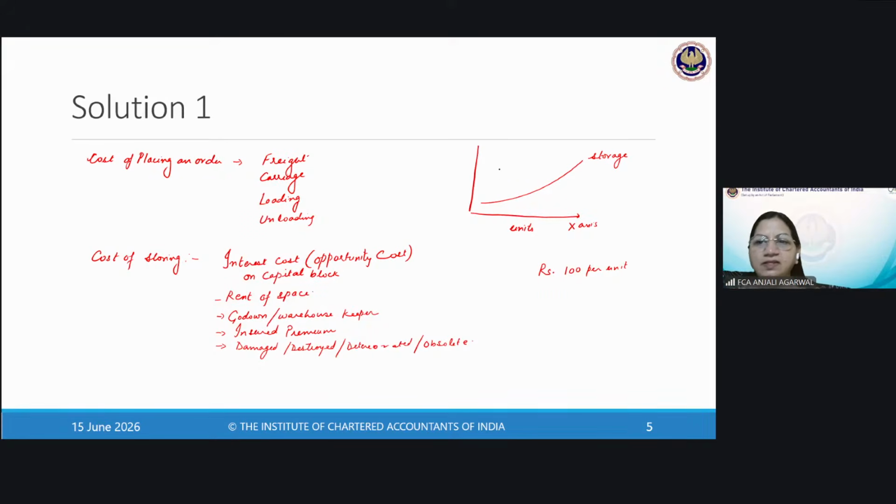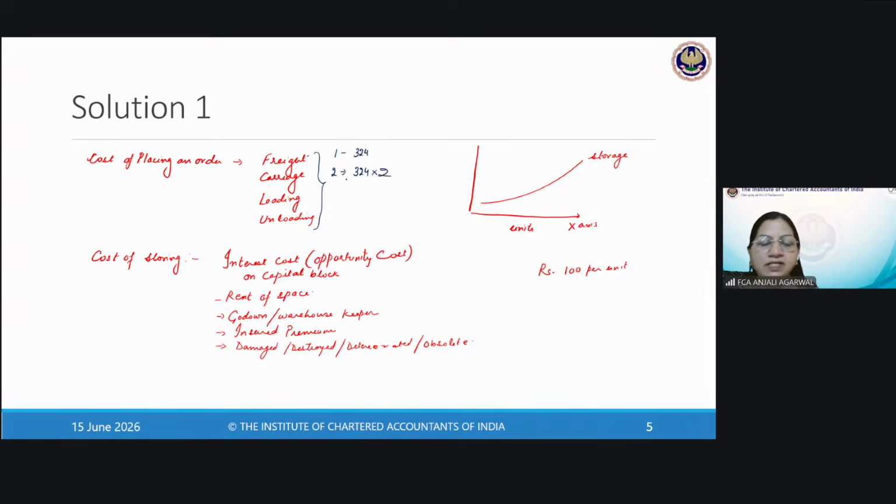However, this also means that the more units you order, you have to go to the market only once or twice. So if I buy all the 24,000 units of bearings that I require in the previous question, I will not incur much placing cost. How much? Only one time, 324. But if I buy 12,000 units, then I have to incur 324 twice.